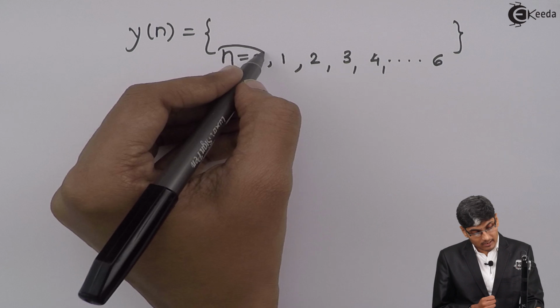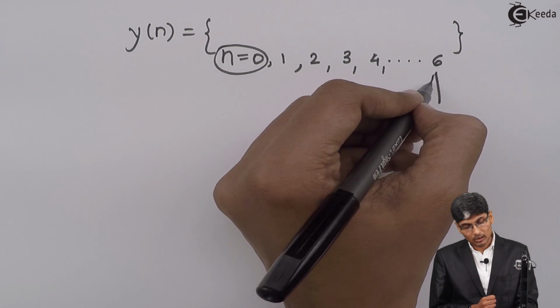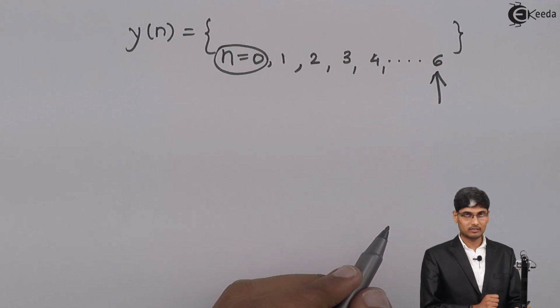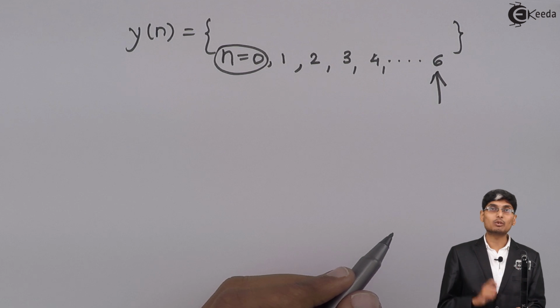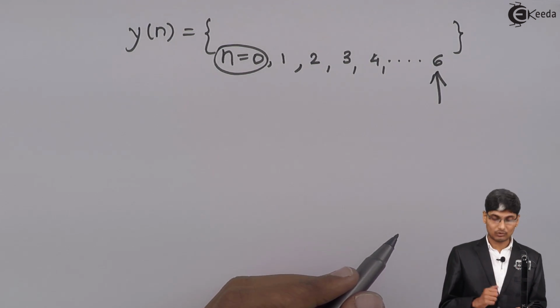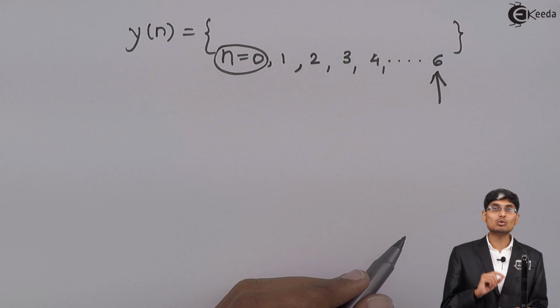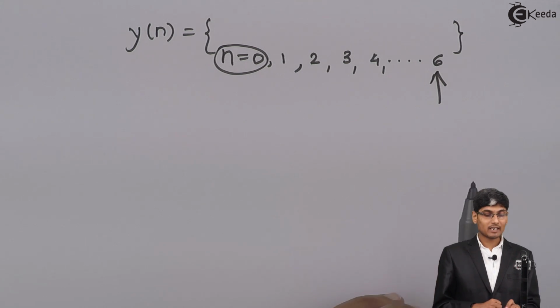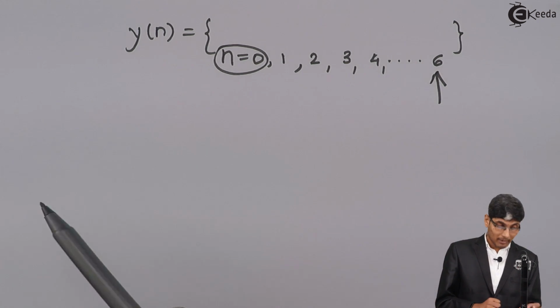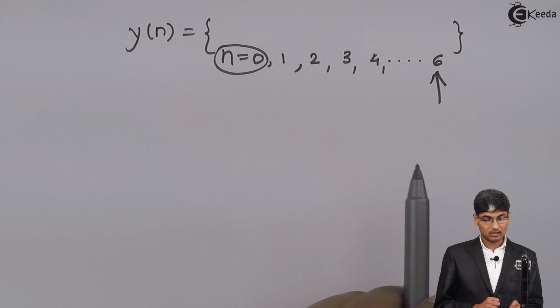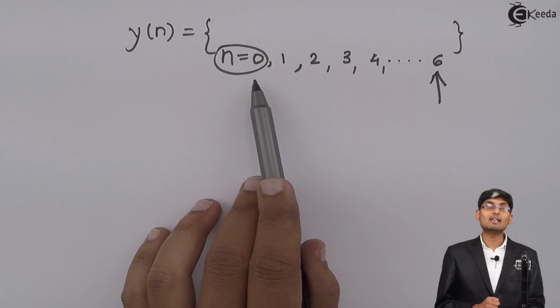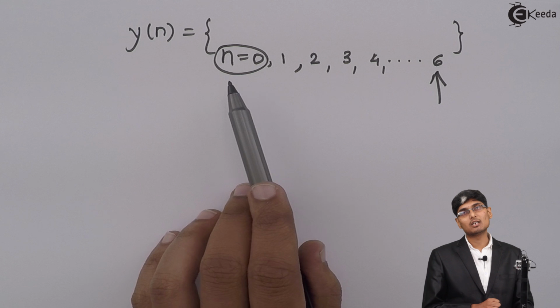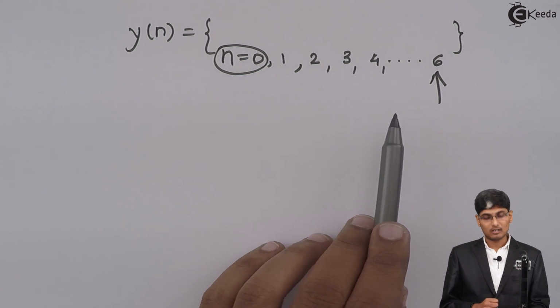Because I started with n is equal to 0, so I will go up till 6 and not 7. So 7 should not be included because 7 will be all zeros. So we should go from 0 to 6. So whenever I convolve using this method or any method, I will always get L plus M minus 1 samples.